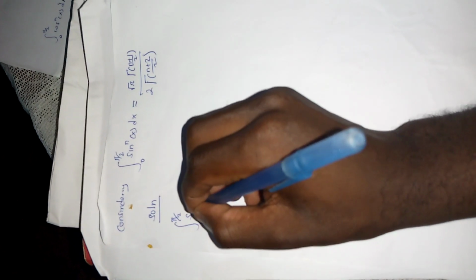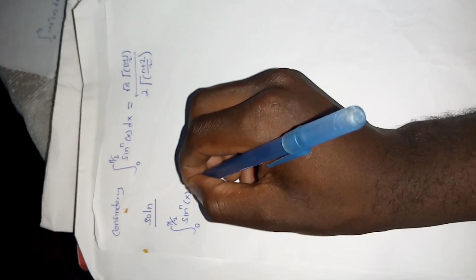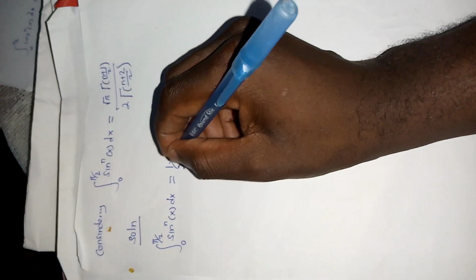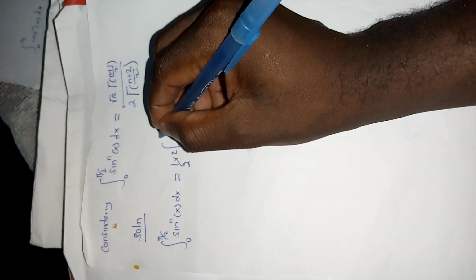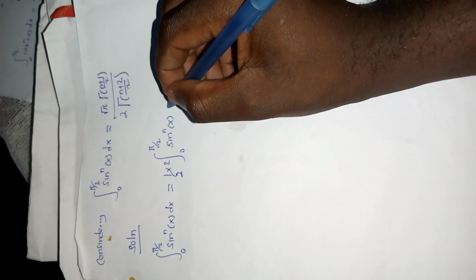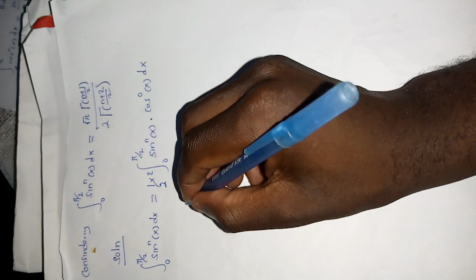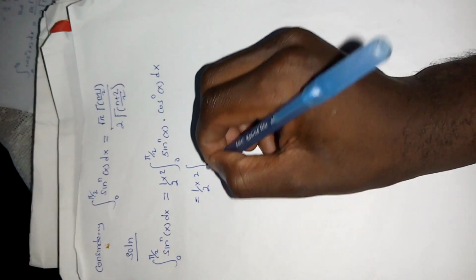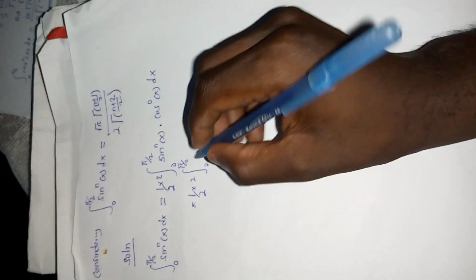So we have this function, pi over 2 of sine of n dx. We are going to introduce the half times 2 again, so it appears as if it is still 1. This time around we have sine to power n, and the cos we make now to power 0 dx. Times 2 from 0 to pi by 2.